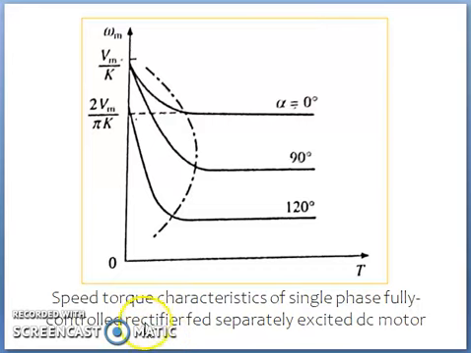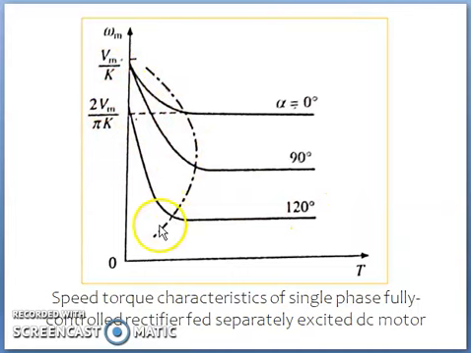In these speed torque curves of the single phase half controlled rectifier fed separately excited DC motor, you can see that for torque 0 the speed is Vm by k, only the first term. At alpha equal to 0 degrees, this is the curve, at alpha equal to 90 degrees the second one, and alpha equal to 120 degrees.